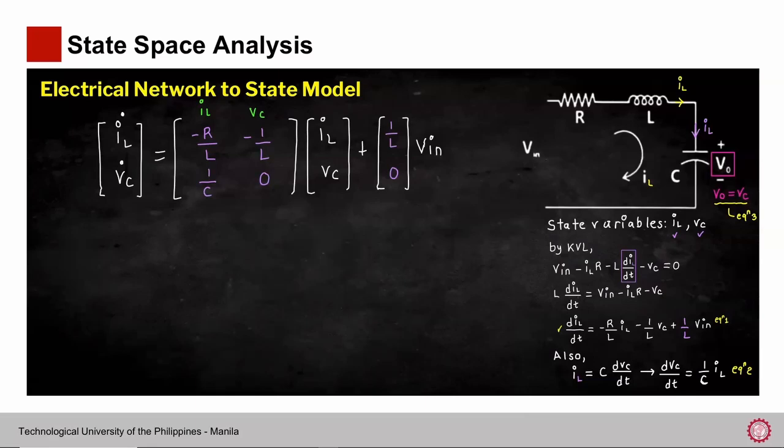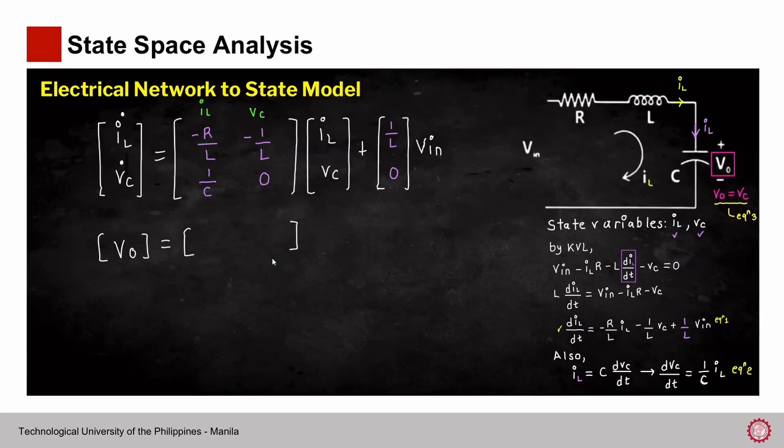Now guys, that is not complete yet. We need to have the output equation as well. So what will be the output equation? Be careful in writing the output. The output is VO. So this is supposed to be V sub O. Usually we put Y here, or C, depending on the example.